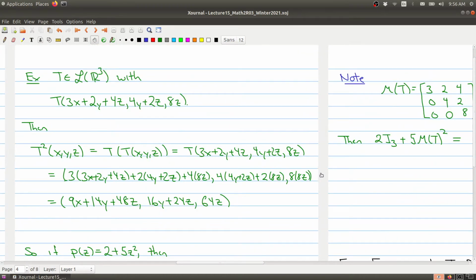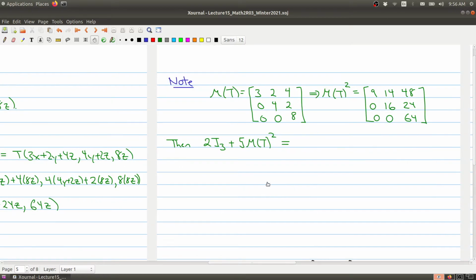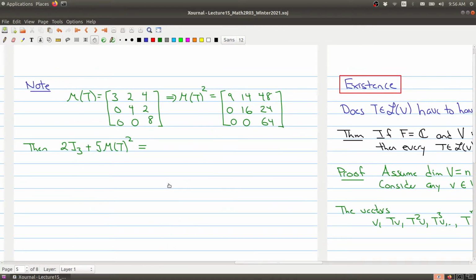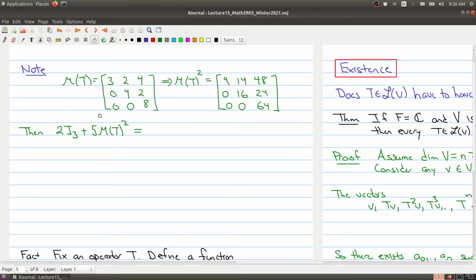I also want to show you that you can actually get this information via the matrices, okay? So we already saw what the associated matrix is, right? It's this matrix, and if you take the square of the matrix, this is the square of the matrix that you end up getting by using matrix multiplication.